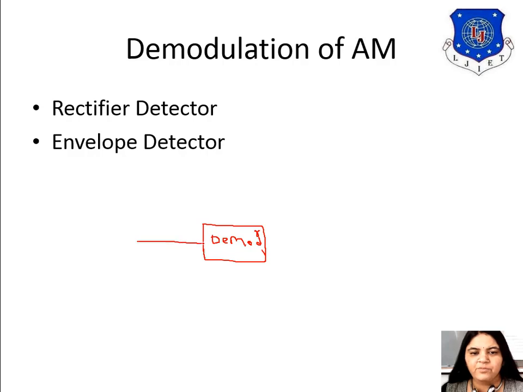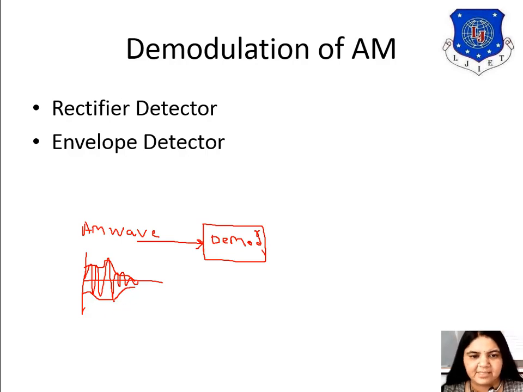The input for this demodulator block is nothing but the AM wave, the amplitude modulated output. The amplitude modulated output consists of the carrier as well as its shape, which is like your modulating signal.